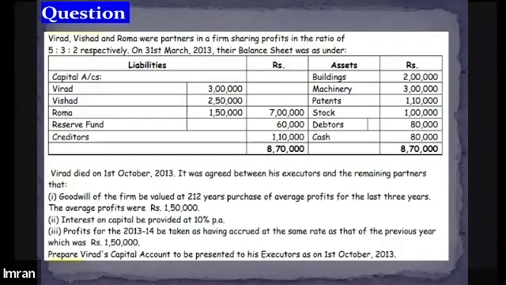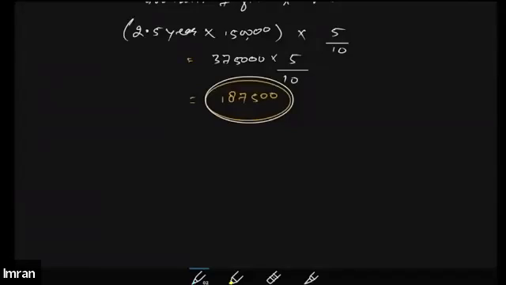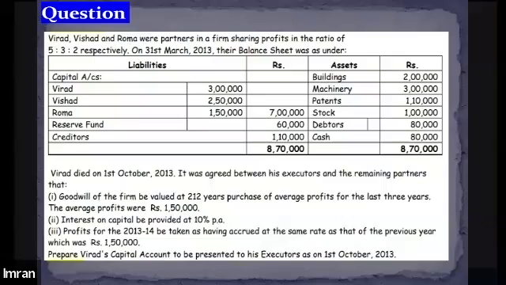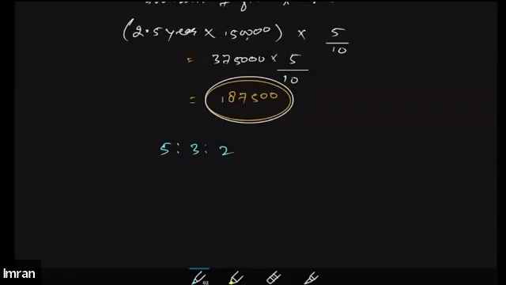Since the question does not tell you what the new profit sharing ratio is, it just tells you that the previous ratio among the partners was 5 is to 3 is to 2. So 5 is to 3 is to 2 was the initial profit sharing ratio among the partners, Virat, Vishal, and Roma.